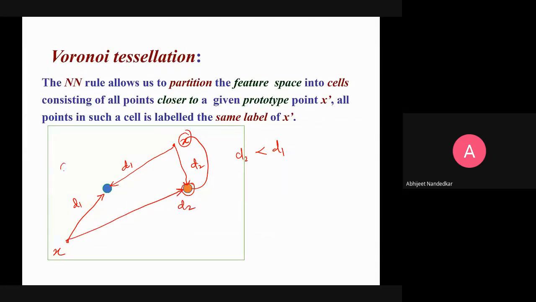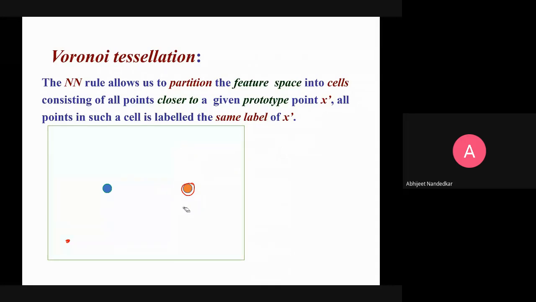So d1 is less than d2, so the label assigned to this will be blue. If I keep on doing this for all the samples in the square domain, where will the boundary between the two classes be?